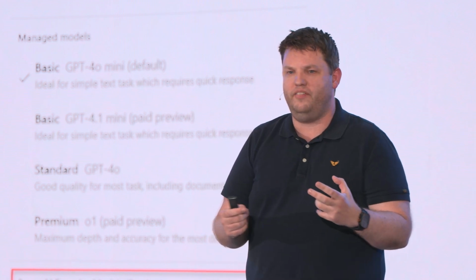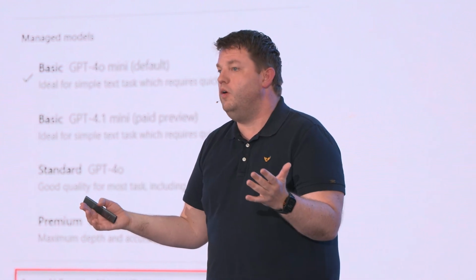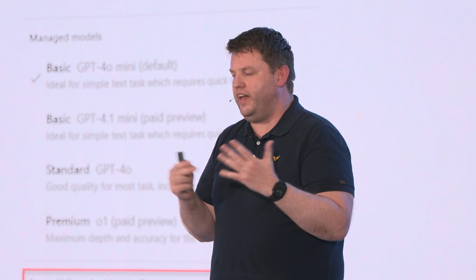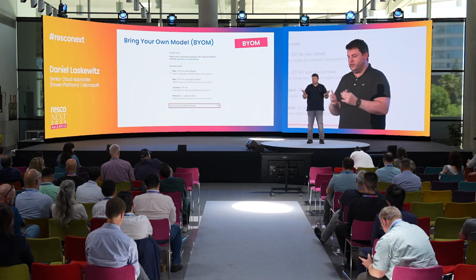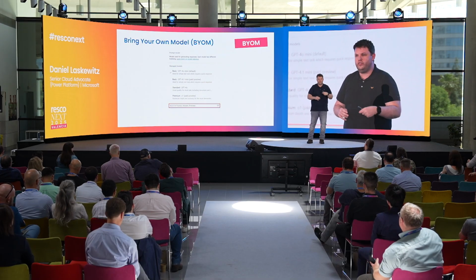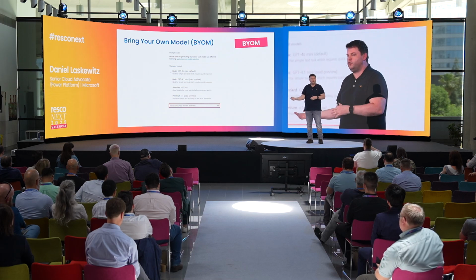So if you have a model or you know a model in the AI Foundry catalog that is, for instance, about your industry, so you have something in finance, for instance, models that are optimized for those kinds of scenarios, you might want to use that inside of the prompt builder. And that's what's possible now. And you can also do fine-tuning, so if you want to have a little bit more control over those models, you can do that as well.